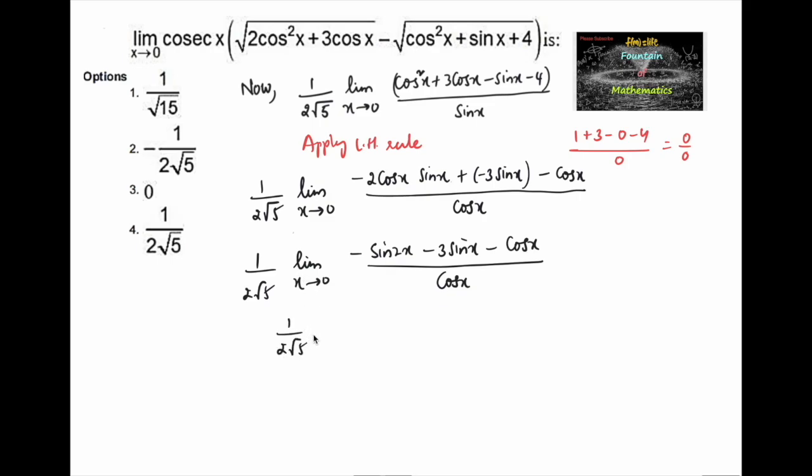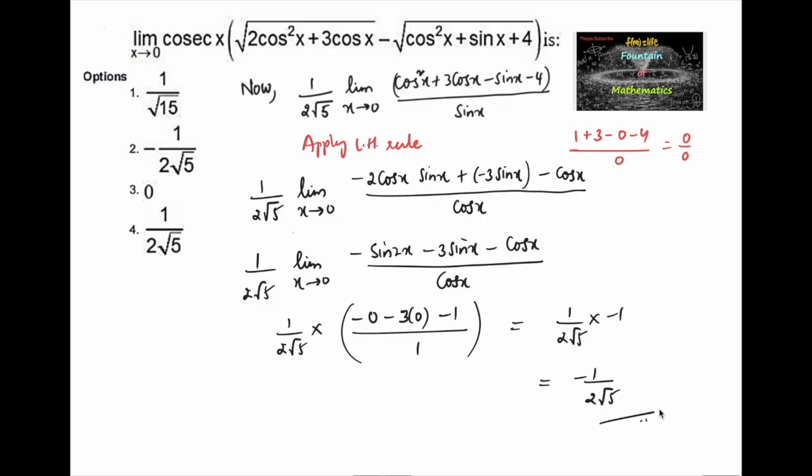So we'll get 1 upon 2 root 5 into minus 0 minus 3 into 0 and again minus 1 divided by cos 0, which is 1. So which is 1 upon 2 root 5 into negative 1. So minus 1 by 2 root 5 will be the answer. So which is our option 2, minus 1 by 2 root 5.